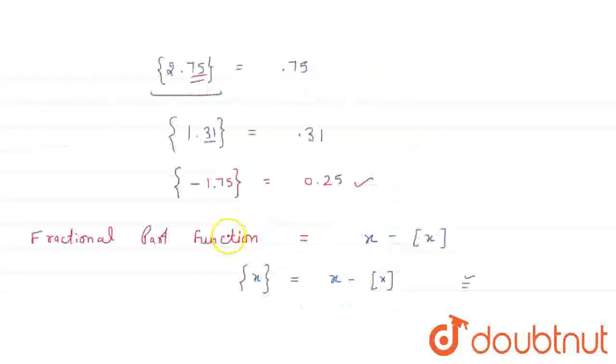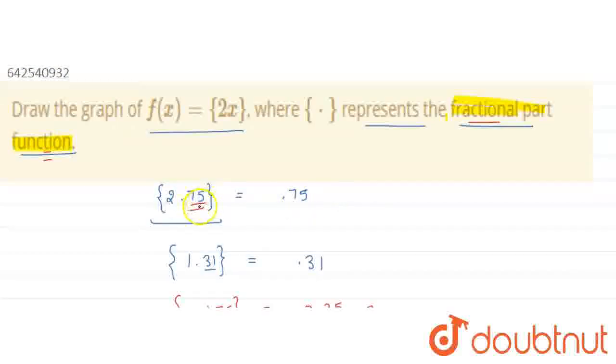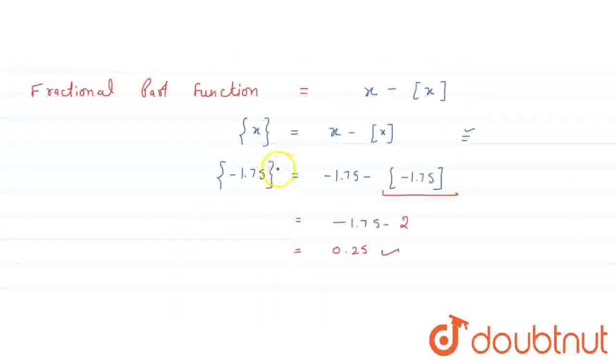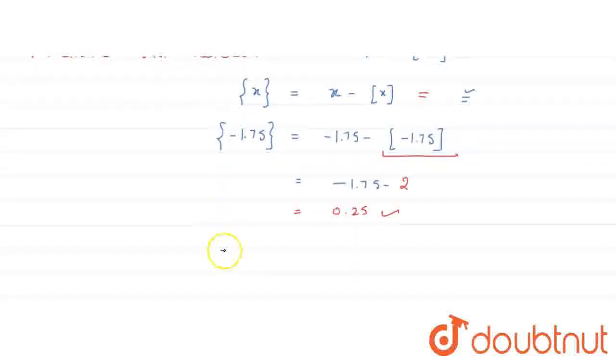Now for the positive numbers, we calculated the fractional part of 2.75 is equal to 0.75. Let us try to find out using this definition. The fractional part of 2.75 is equal to 2.75 minus the greatest integer function of 2.75.